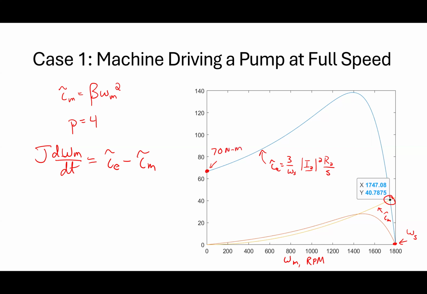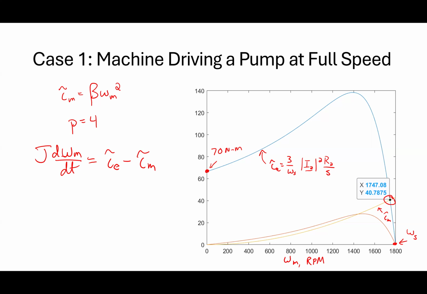At a speed equal to 0, that's the maximum torque that machine's ever going to make when it is stationary at time t equal to 0. If I suddenly applied a set of voltages to this motor, the maximum torque this guy can make at 0 speed is about 70 Newton meters. Well, let's say I had a load that was 80 Newton meters, right? Could I make it spin?